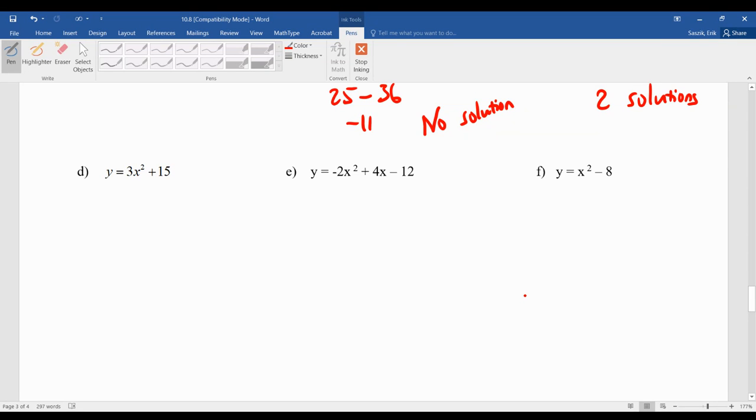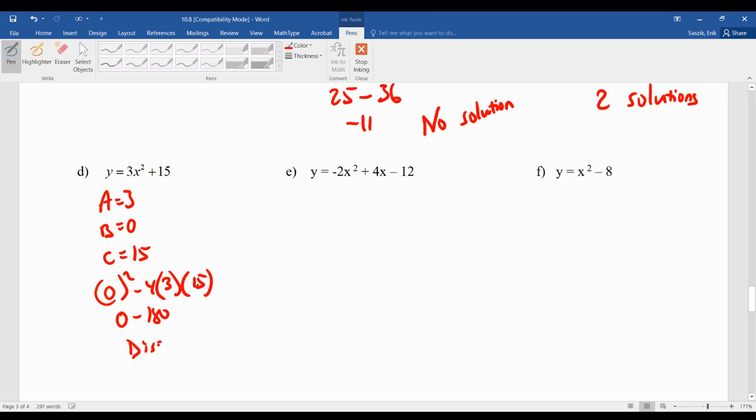Now you got to be careful. You got to be paying attention to this stuff here. So like this one down here, A is 3. There is no B because there's no plain X. So that's 0. And the C is 15. So B squared minus 4 times A times C, that ends up being 0 minus 180.